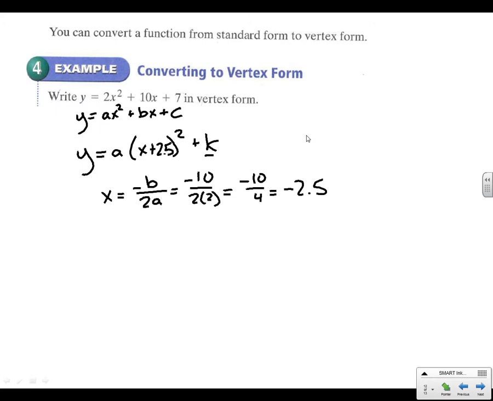Okay, and now let's think about the k on this one. The k at the vertex form, if we go from the standard form, do you remember what that's going to be? And if you said c, you're correct. So this should be 7. Okay, oh, hold on one second.